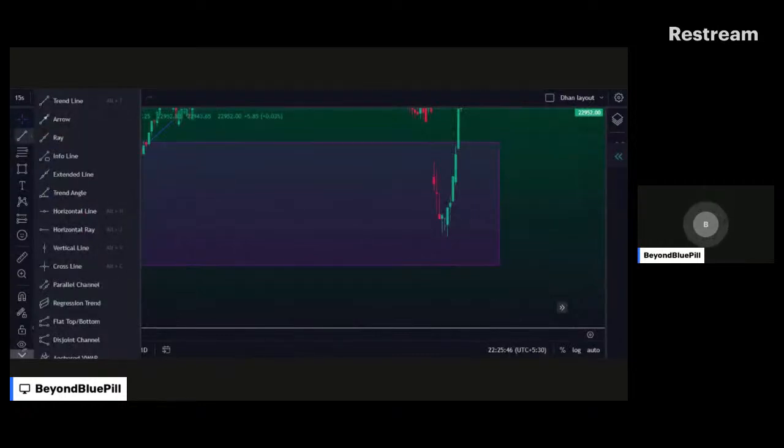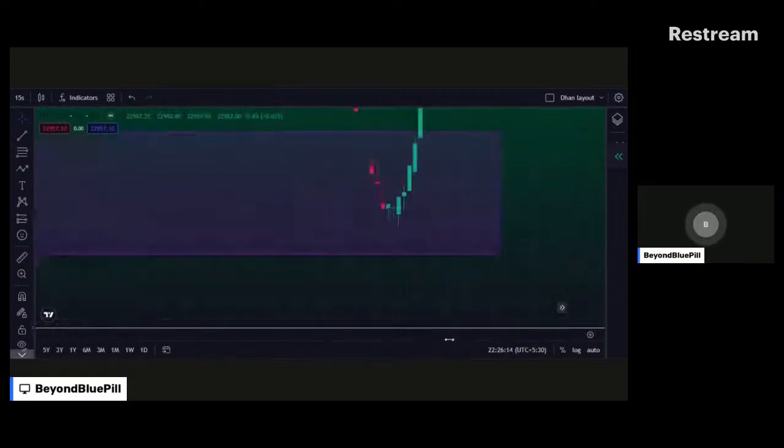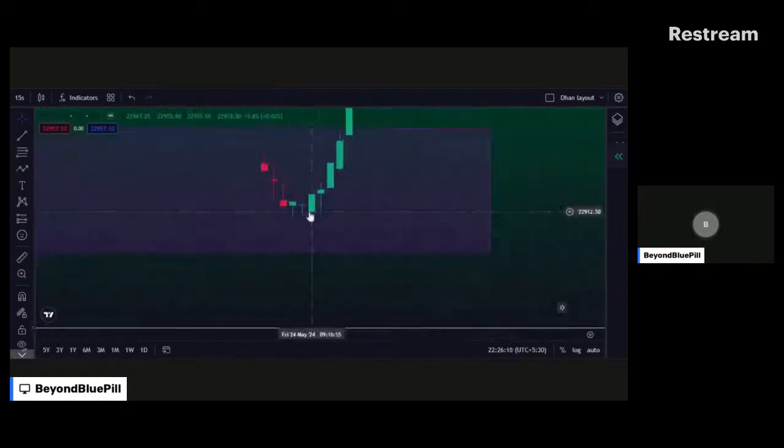This is something I've seen Dave do very often. When I say this candle right here, this candle right here traded above first.